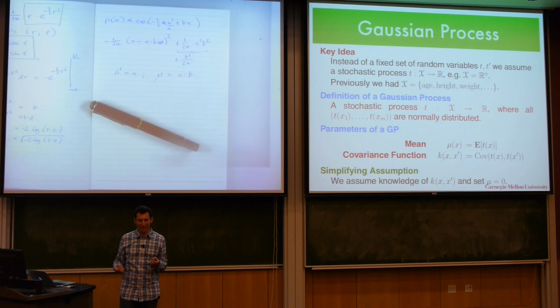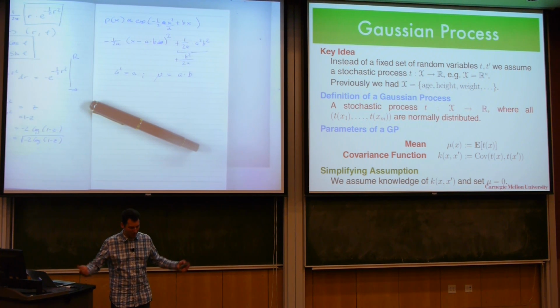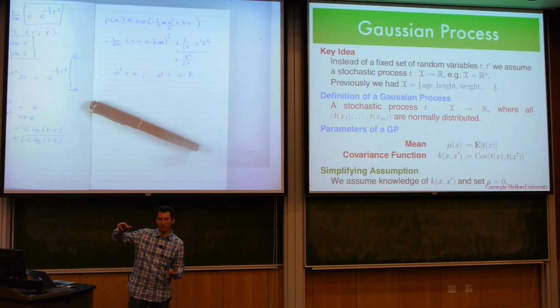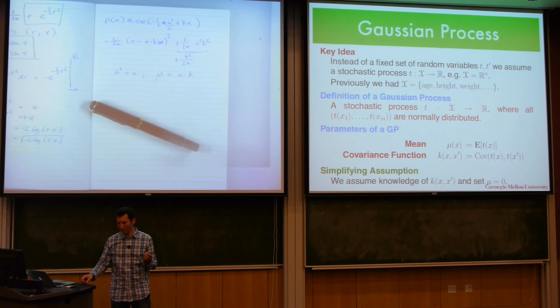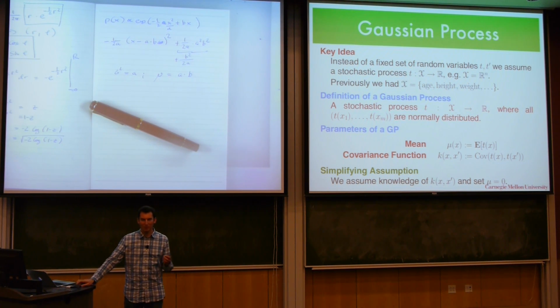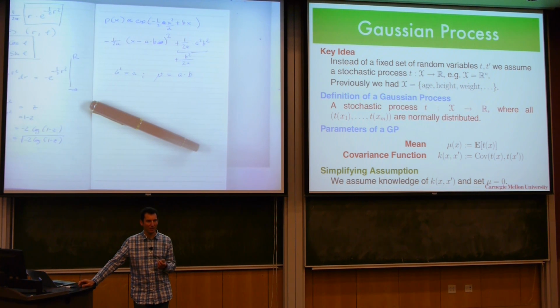Think of this like you have a function in your code, and you give it an argument, and it comes back with a number, a random number. It might come back with the same random number depending on how you set it up, but basically, for each argument, it's going to do something. And if you don't pre-specify the space of your arguments, you have a stochastic process.